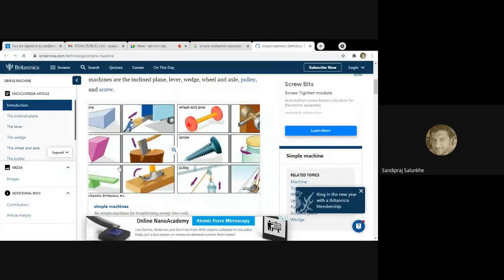Can you see the screen? Yes, sir. Here it is, the wedge. If you see the wedge, where I am going to move the cursor, you can see here.